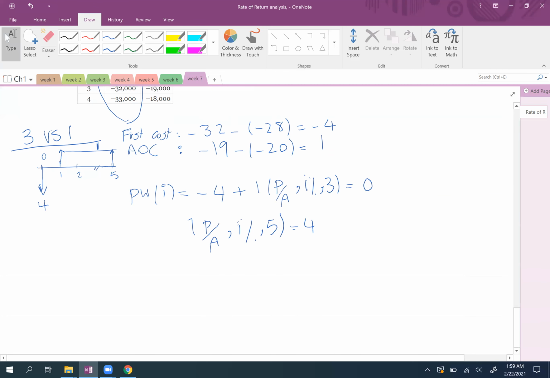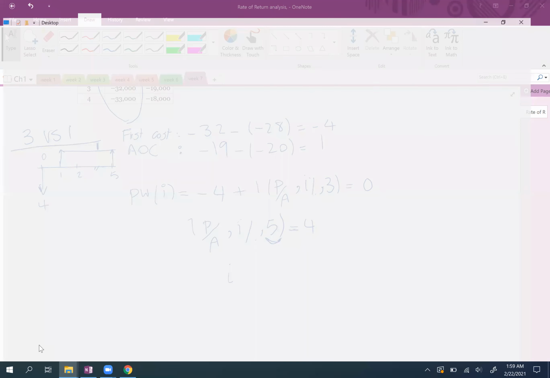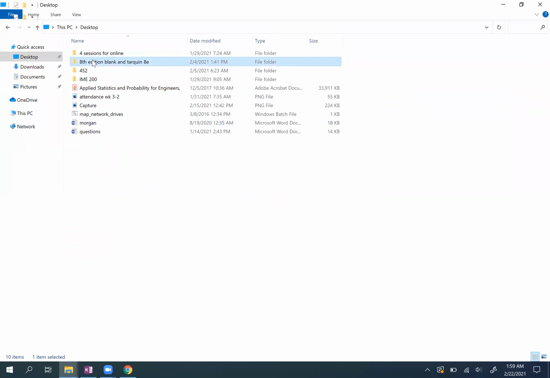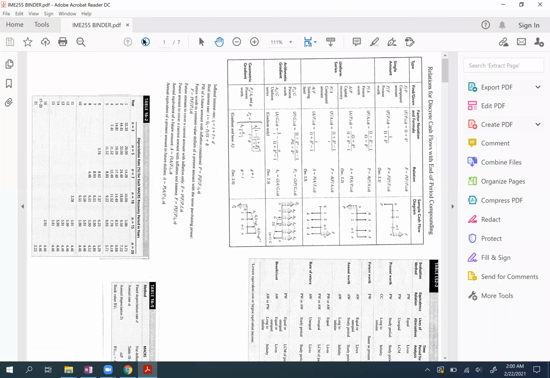If you go to the tables and look at P given A, N equal to 5, and see where you can get close to something like 4, probably I can also show you the tables that we have. I just want to show you the value of the factors.